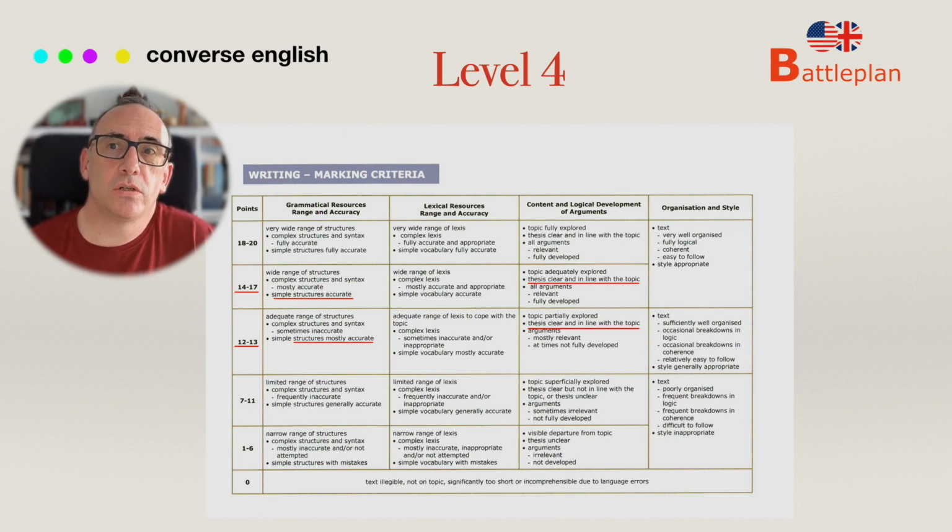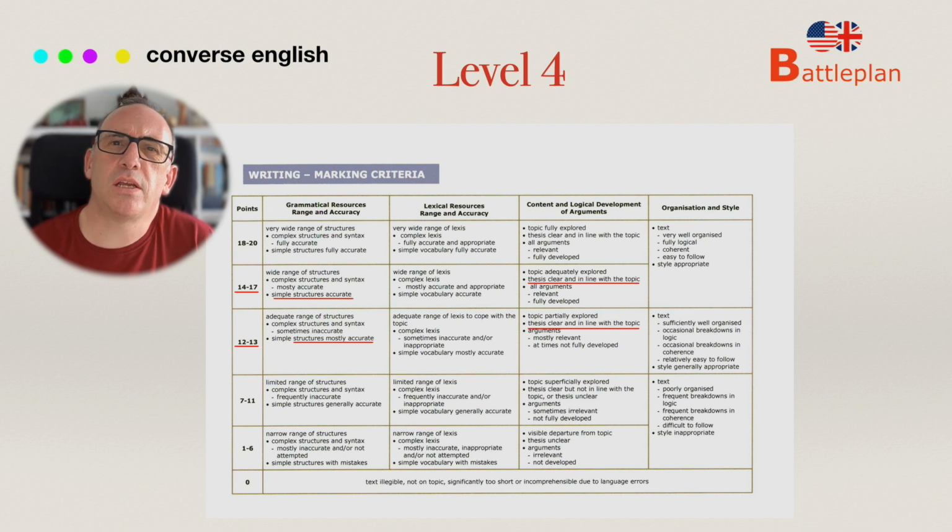You would introduce the topic, and then, as maybe your last line in the paragraph, say that this would be the particular point of view that you're taking, and you're going to therefore prove it through your essay. If we look then even at 12-13, we've got thesis clear and in line with topic.